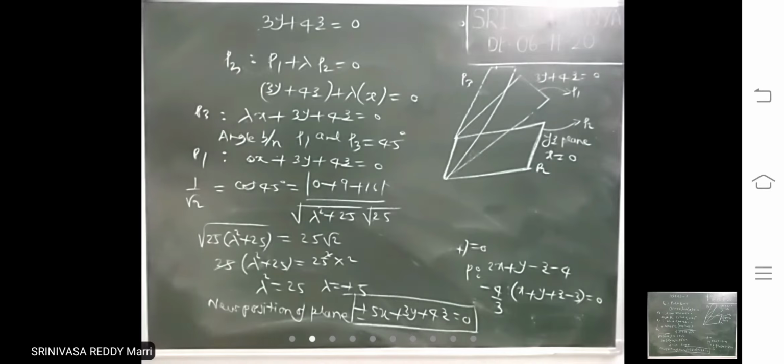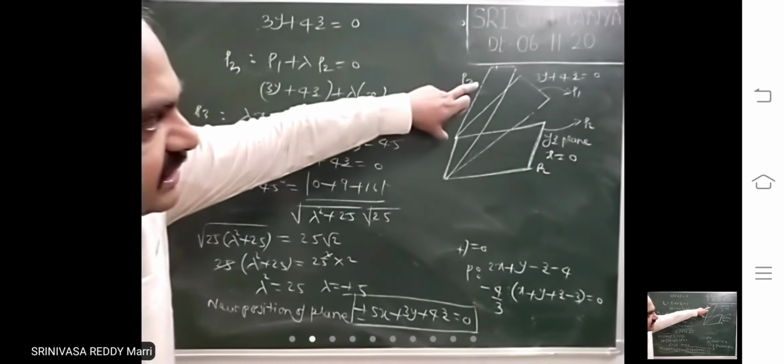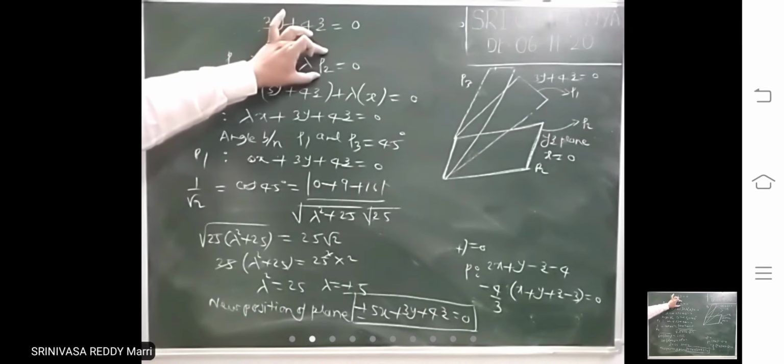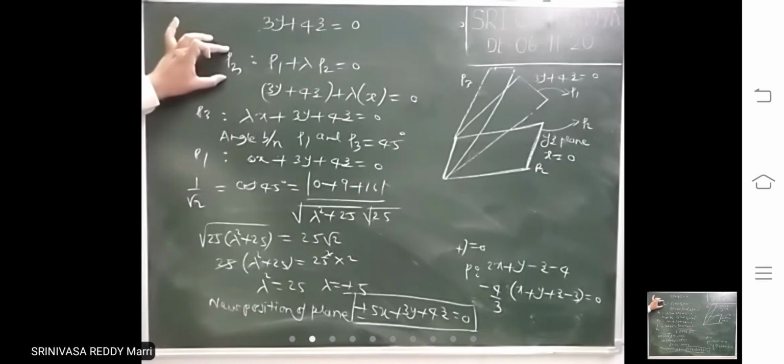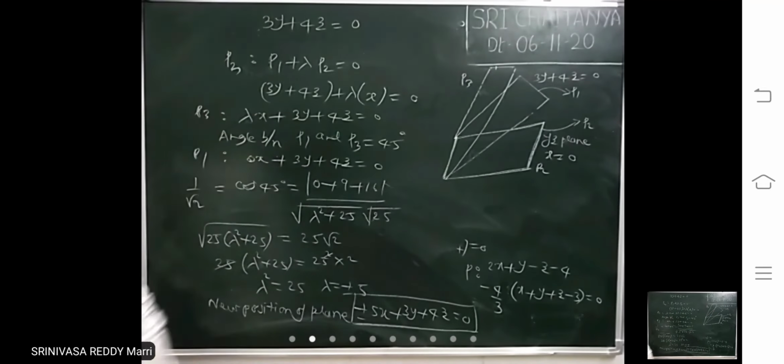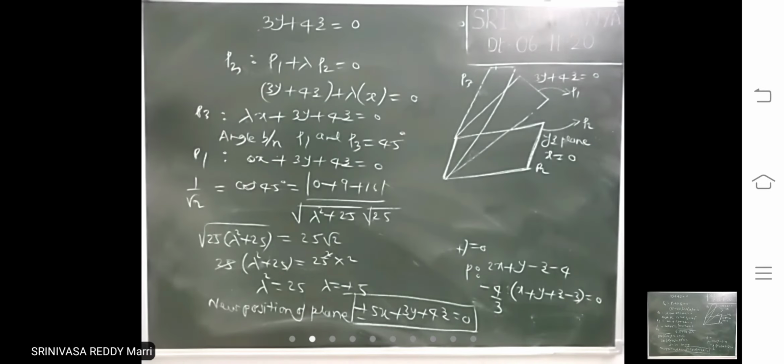Like that, if we are asked for the new position, you take it in the form P1 plus lambda P2 equal to 0. This P3 plane makes an angle of 45 degrees with plane 1. That's why I have written the angle between P3 and P1 as 45.